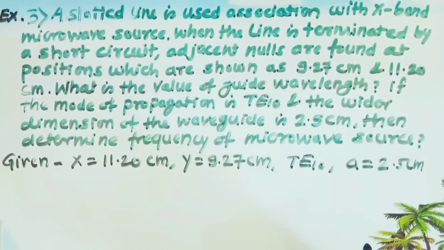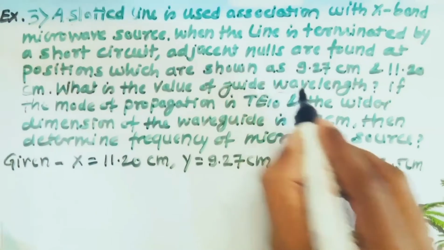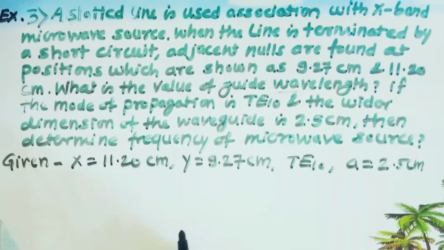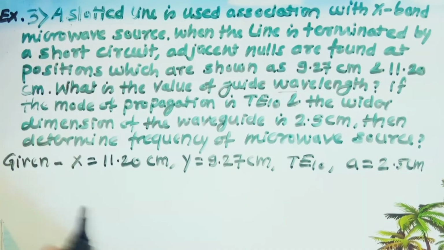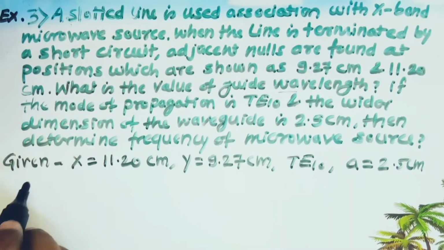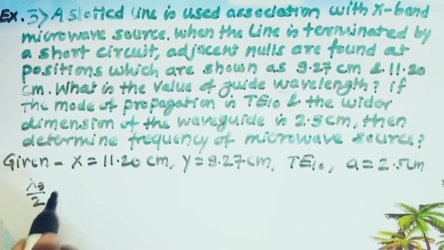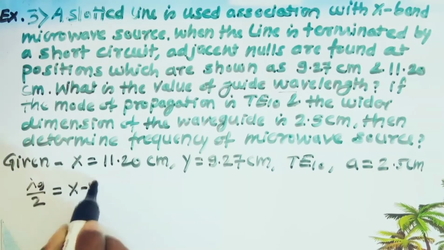First we have to find the value of the guide wavelength. The guide wavelength is nothing but twice the distance between the two null positions, that is, half of the guide wavelength, lambda g by 2, is equal to x minus y.